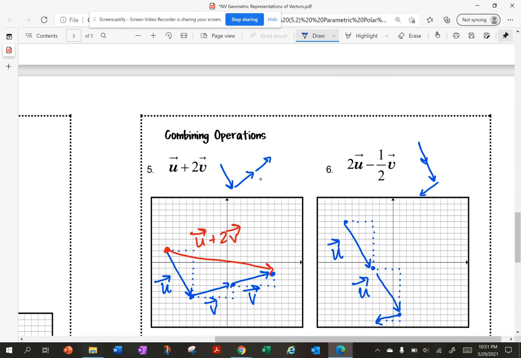So this is going to be negative half of vector v. And then I'm going to draw in my resultant vector from the original tail to the last tip. So this is 2u minus a half of vector v. Okay, so this is finding my resultant vector from tip to tail when I have more than one vector.